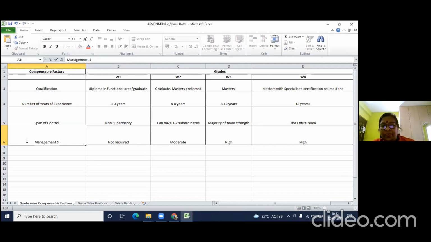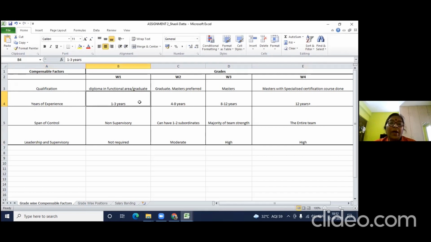You can write leadership and supervisory. The span of control means number of subordinates, right? Exactly. Leadership and supervisory. Now, number of years of experience can be shortened, just put years of experience. That is good enough, right?